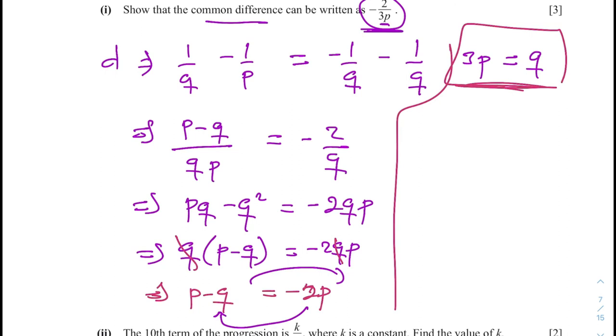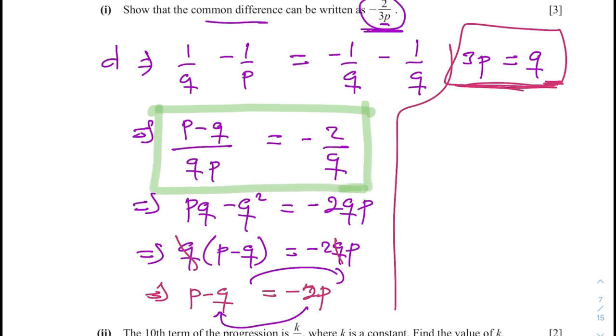But is there another way we can have this thing without suffering? Yeah, we know Q is equal to 3P, right? So can we change everything here? All right, let me use green to go around it. That is Q. Q is the same as 3P. So I'll just put 3P there.